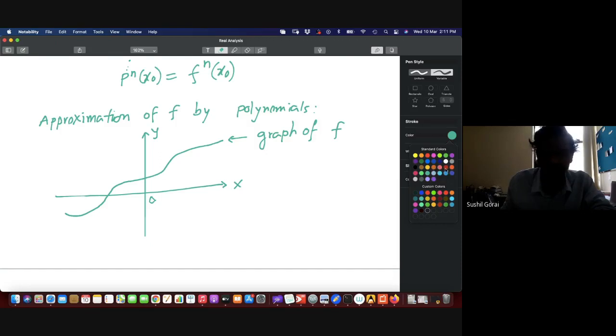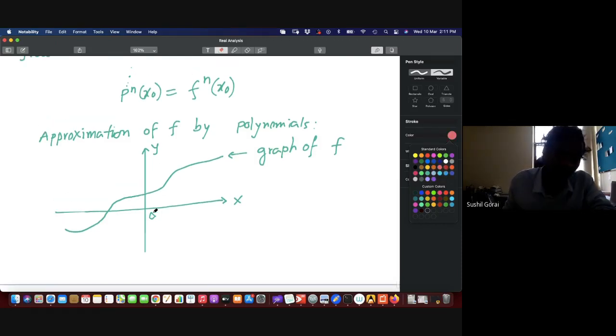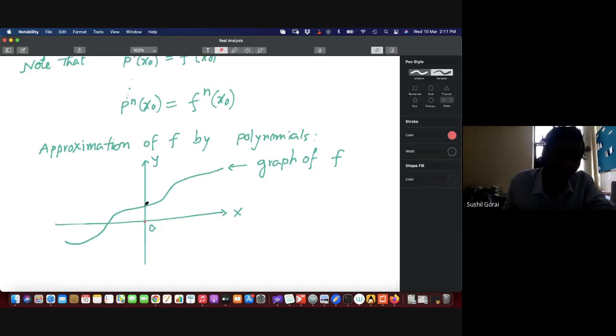Now, the zeroth order approximation would be, so we'll approximate around the origin, at this point we look at this line parallel to the x-axis. This line is y equal to f(0), right?